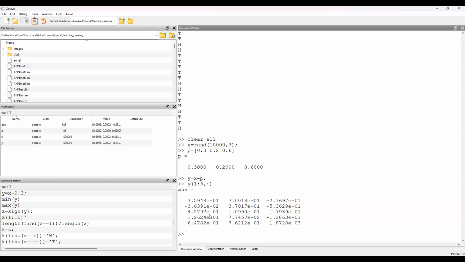Here it is 0.35, here is 0.7, here is minus 0.2, because here it's multiplied by 10 to the power of 0.1. So now we got these numbers.